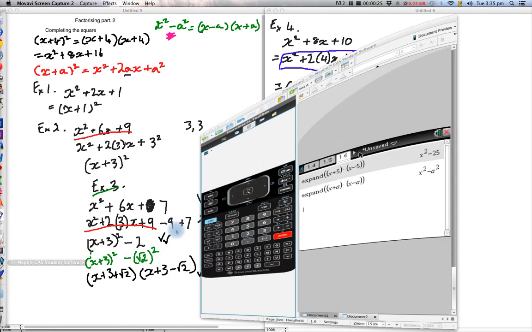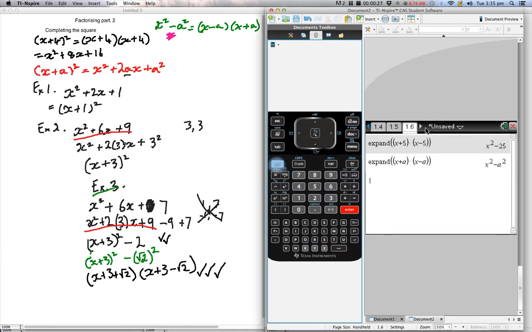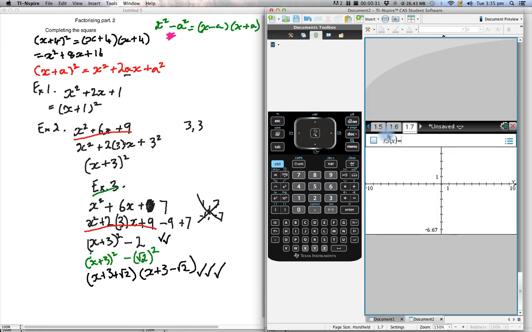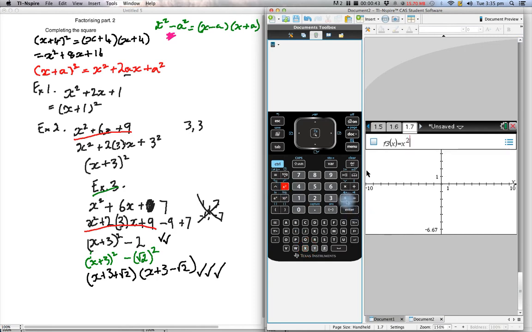We'll get out our CAS. We'll open up a graphs page. Add a graphs page. Okay, so first we'll start by graphing example 3 here. So we've got x squared plus 6x plus 7.